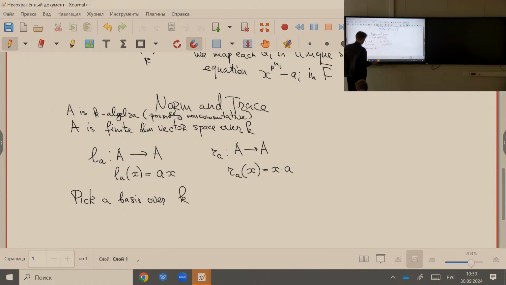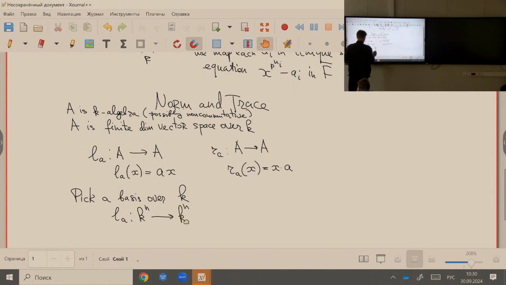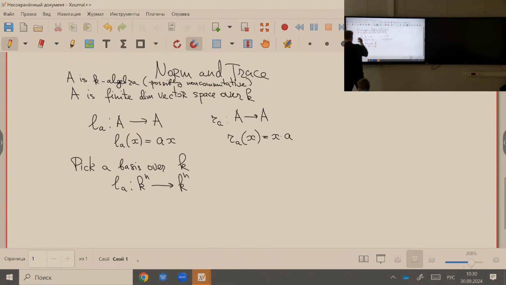And this will make these operators just maps between vector spaces. So that means you can take the usual trace as the trace of a linear operator. So this becomes a linear operator.